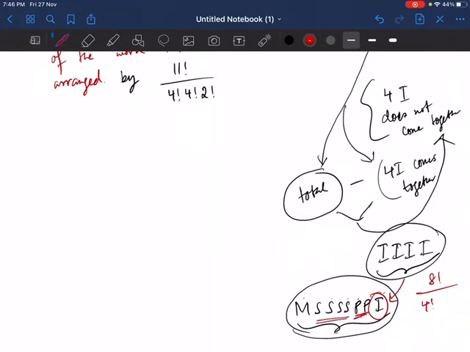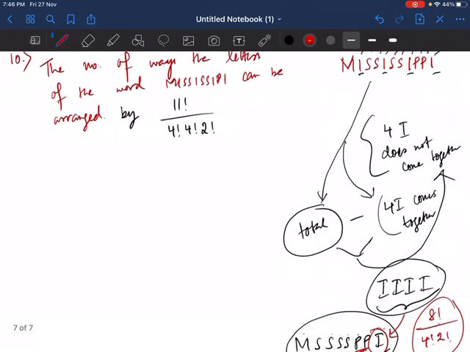How many equal entities are there? 2 factorial. So now we don't have to write divide by 4 factorial for I, because there is only one I in there. So this is the number of ways we can arrange Mississippi when all the I's are together.